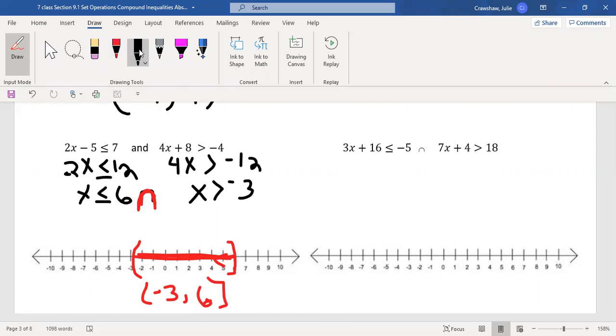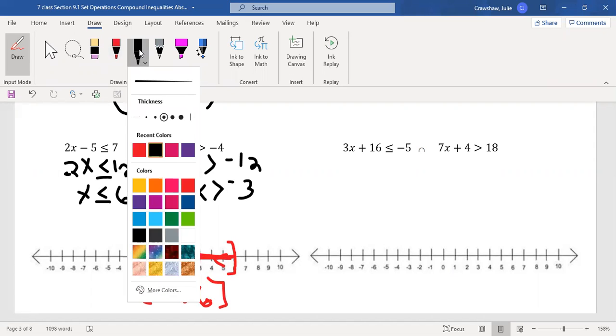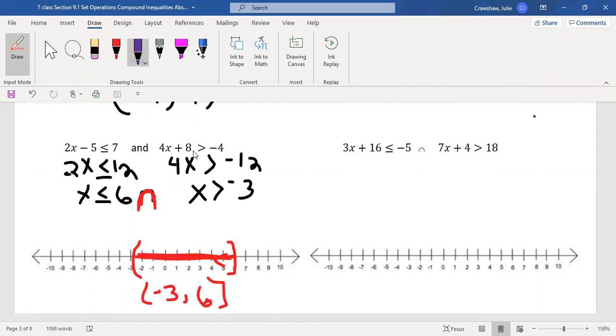Now the second compound inequality that we have over here, we're going to subtract our 16 from both sides, and we're going to get 3x is less than or equal to -21.